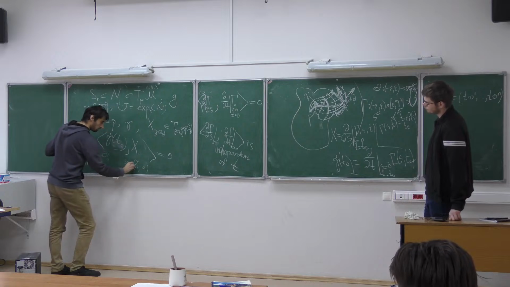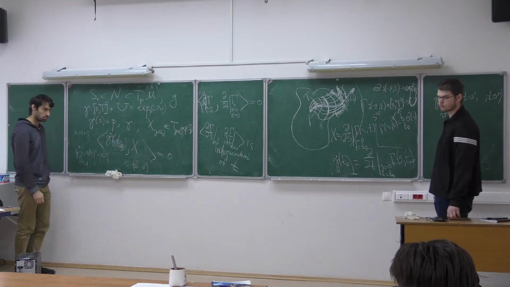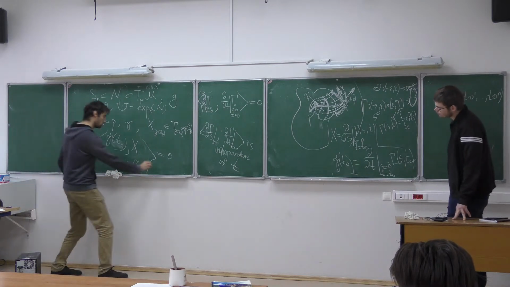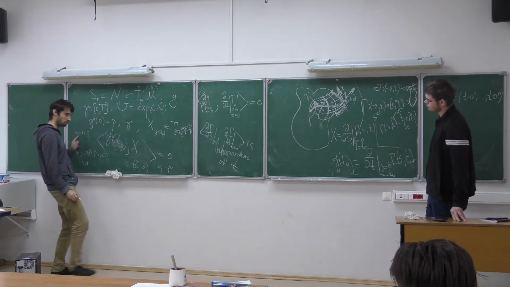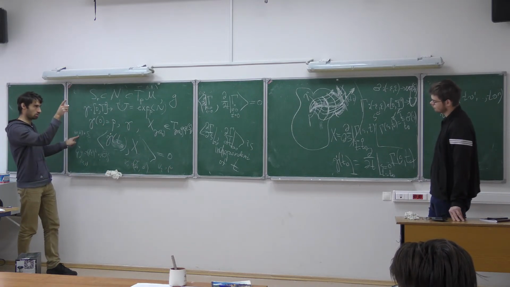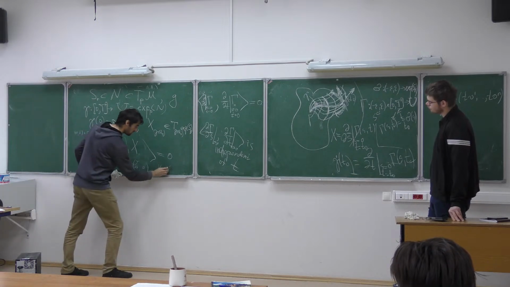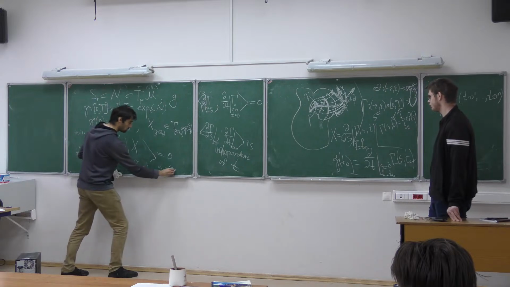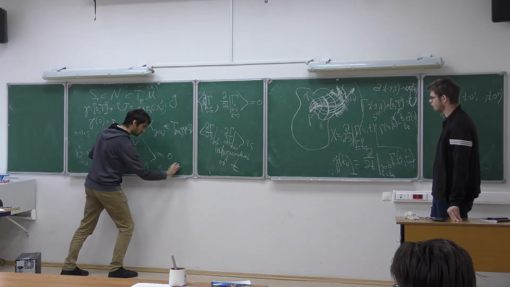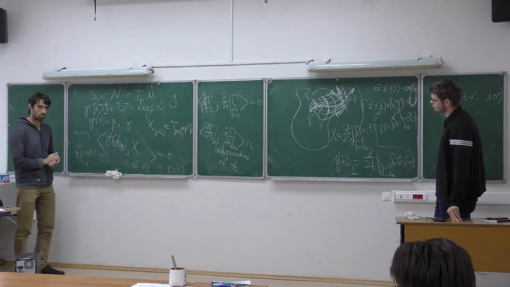Well, maybe with some coefficient here. And V2 will have 0 component corresponding to this coordinate. So this vector is going along geodesics, and V2 is tangent to S. So it will have something here in the second component.